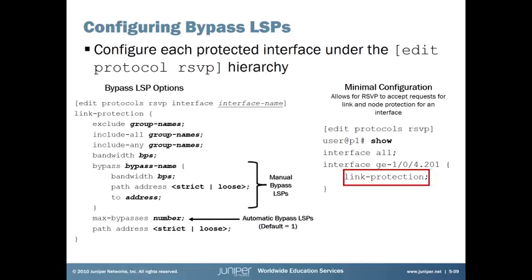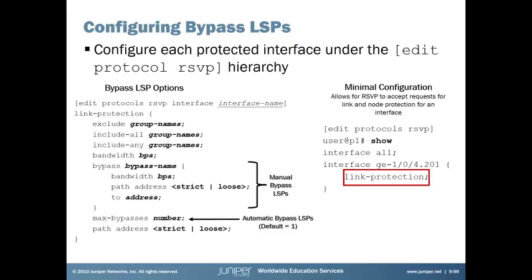Configuration. Each protected interface, or node for that matter, is configured under the edit protocols RSVP hierarchy, and we can put a fair few constraints in here. You can exclude certain administrative groups or include administrative groups, which are what classify our links.